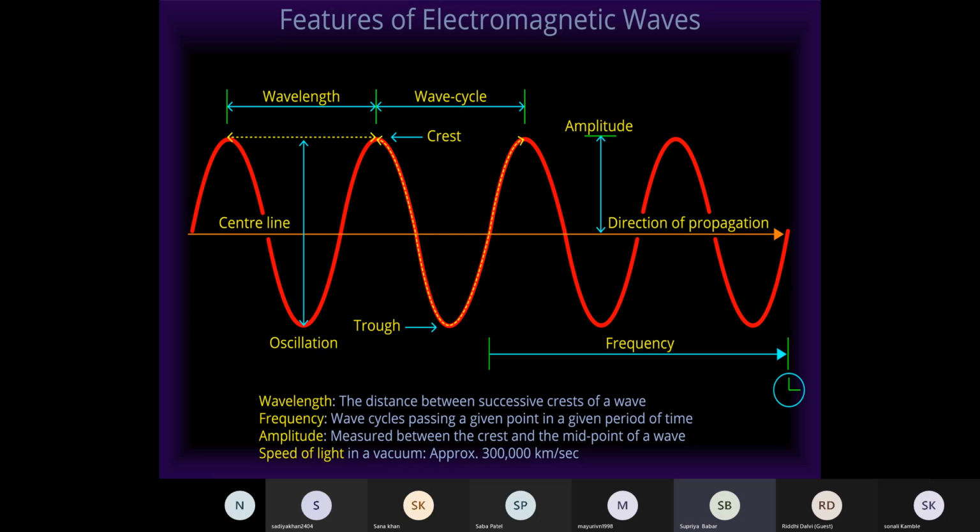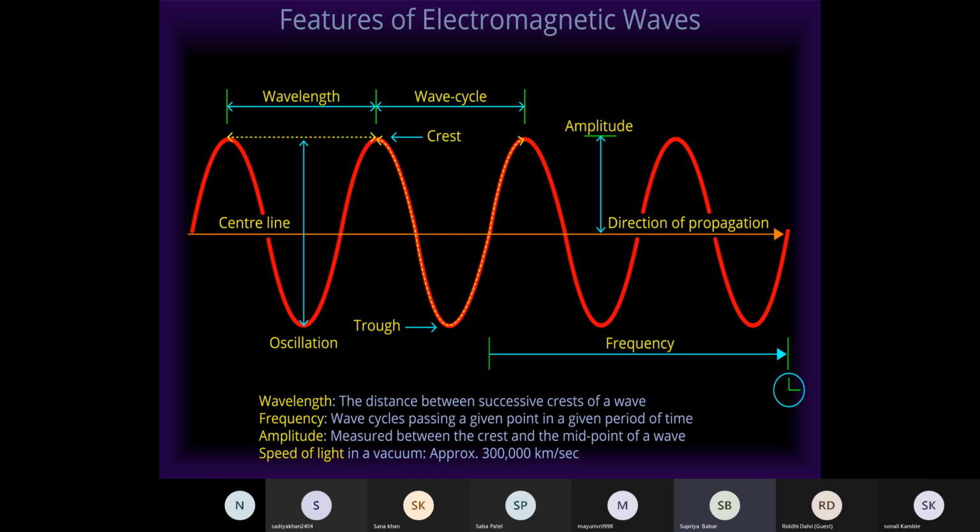The distance between two consecutive crests or two consecutive troughs is called the wavelength.